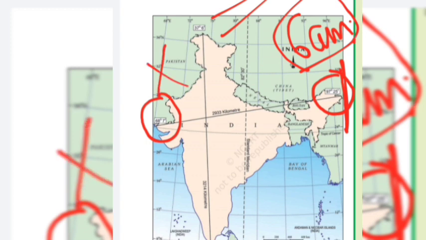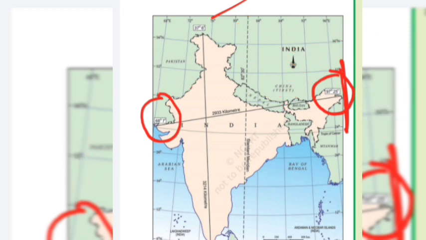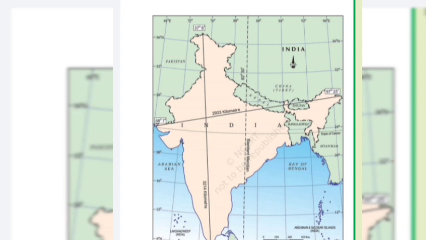Because the sun needs time to travel from this place to this place. So there would be a confusion in the same country.